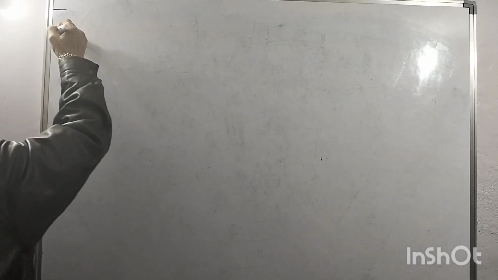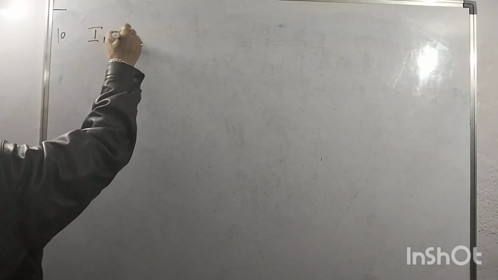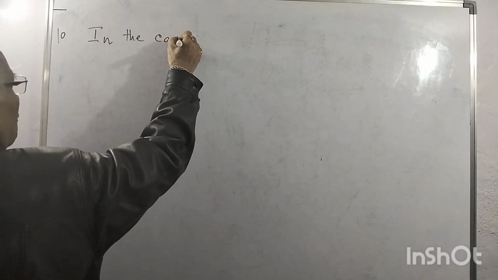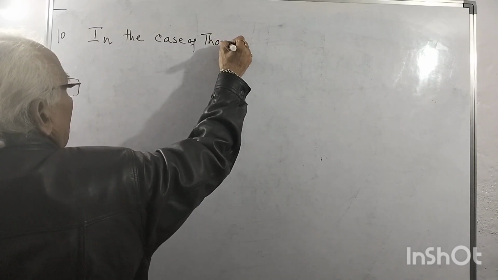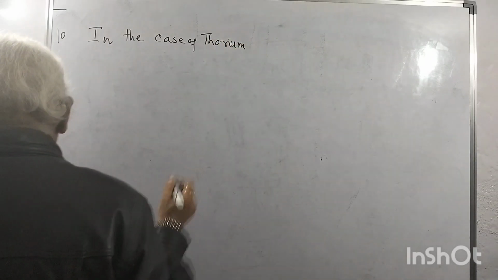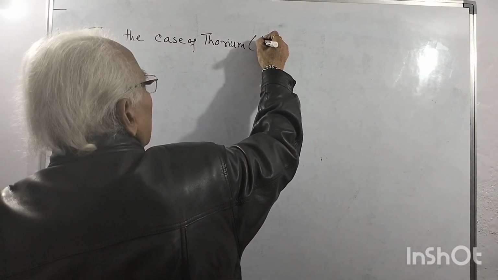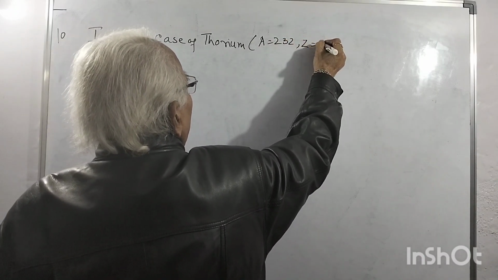Question number 10: in the case of thorium, A is 232, Z equal to 90.